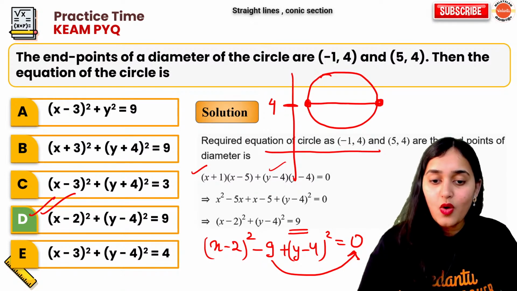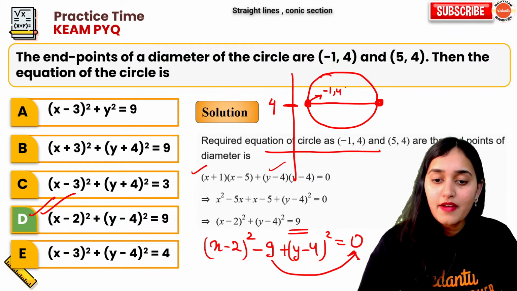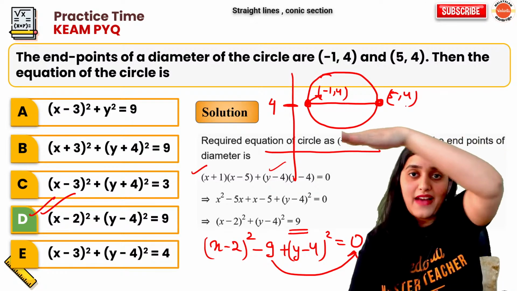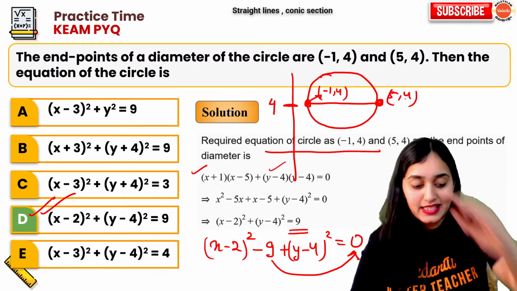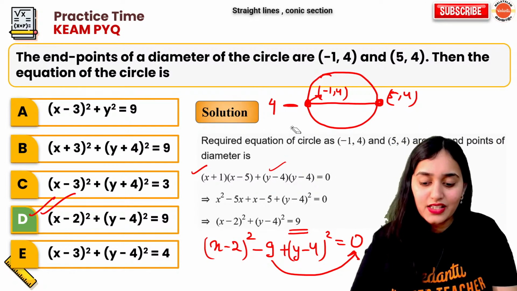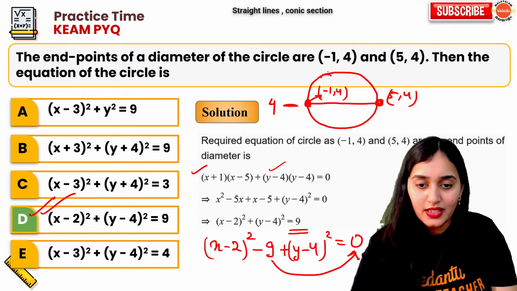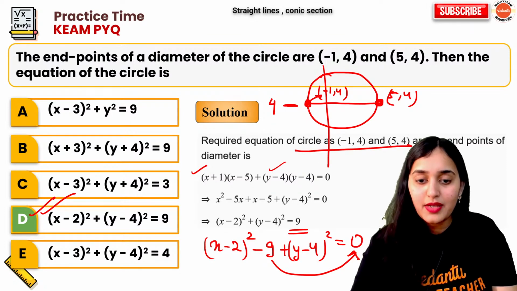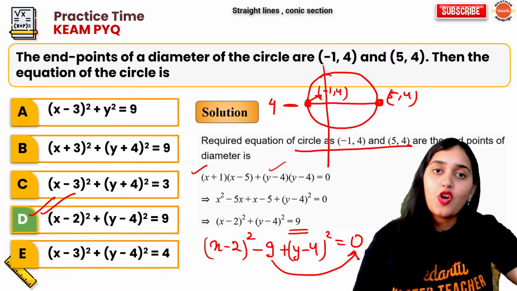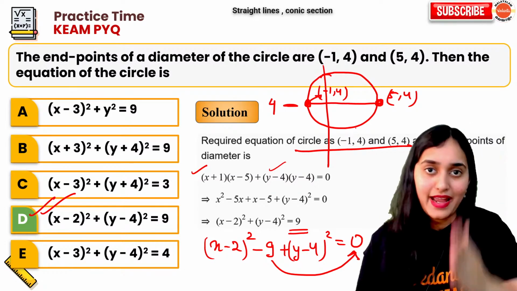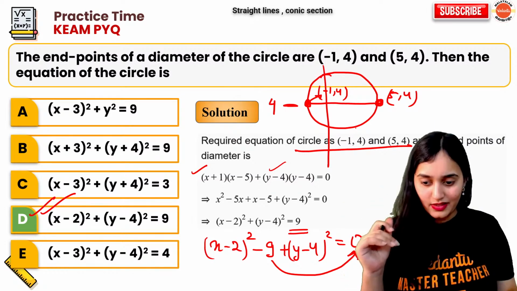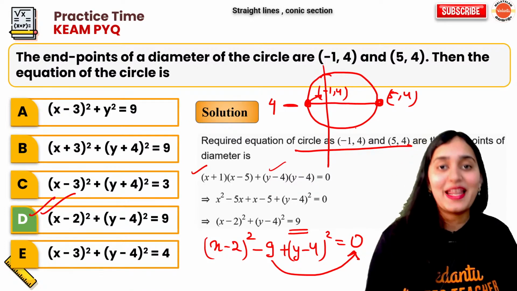So what will be the coordinate of this diameter? It is like minus 1 comma 4 and 5 comma 4, because the y value will not change, right? The minus sign will be on the left hand side of y axis, plus sign on the right hand side of y axis. Okay, it can be same.